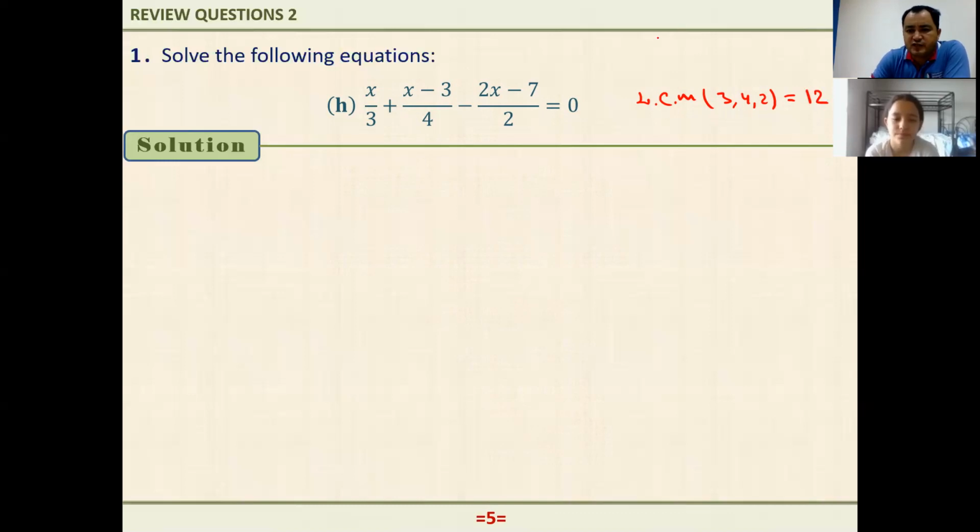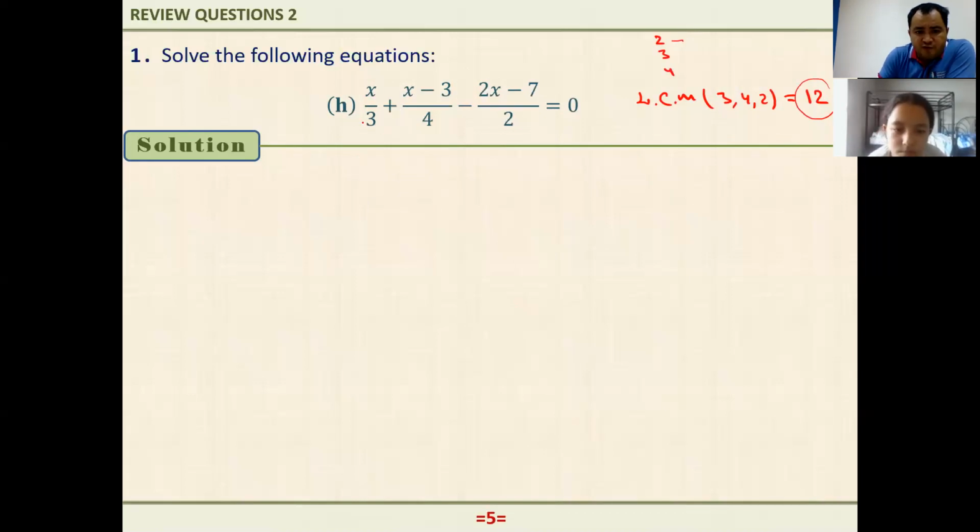Numbers like 12, 24, 36 are common multiples, but among those, 12 is the smallest one. So I will bring them into the common denominator.